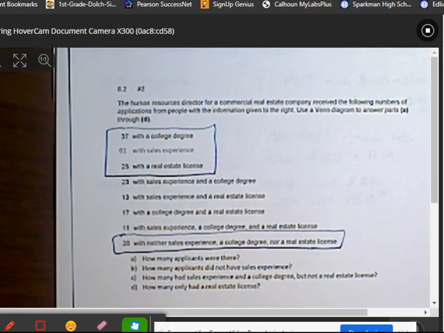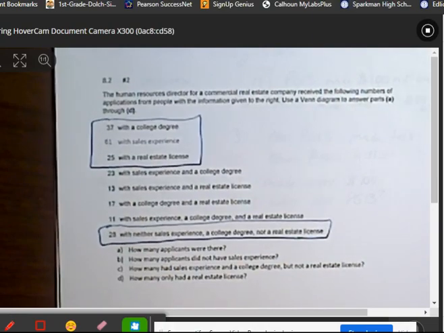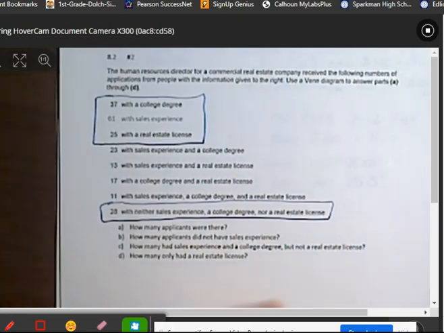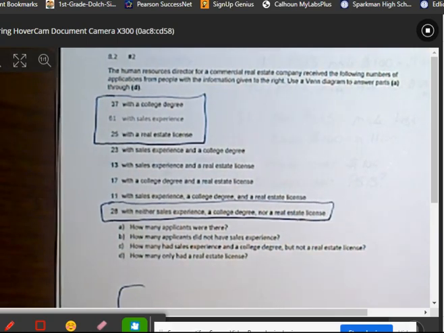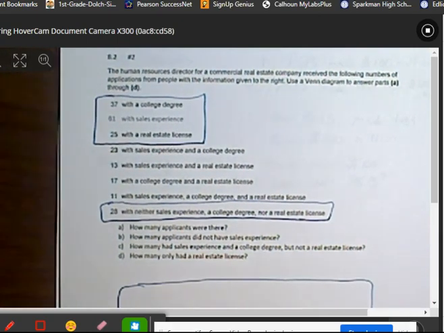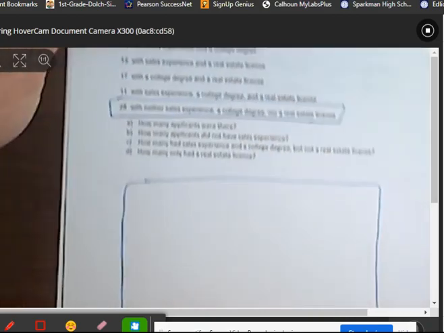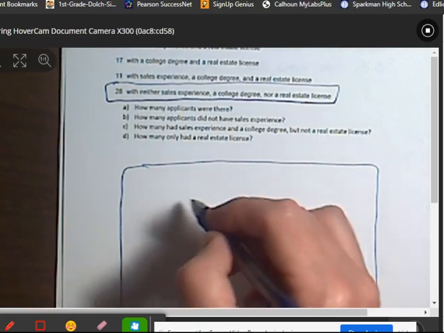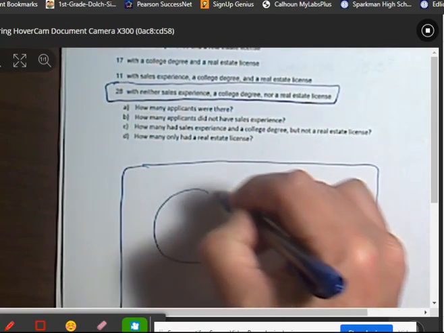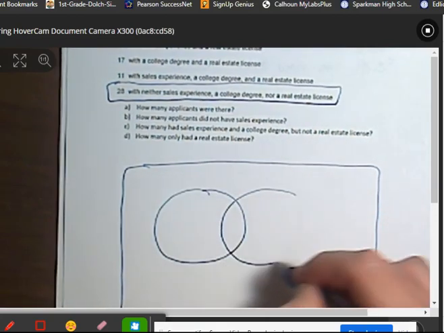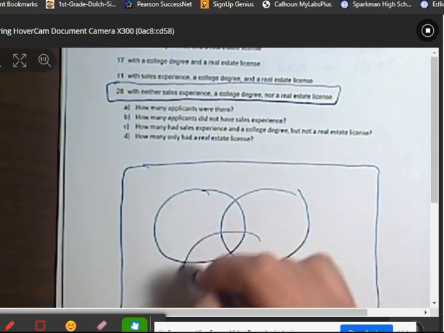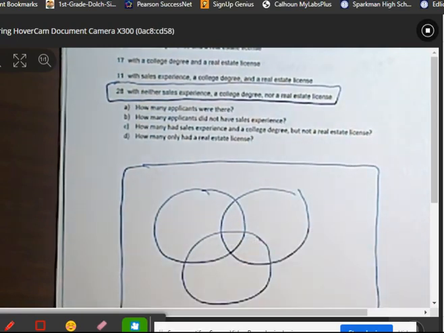Okay, so here's where we're going to go back and kind of put all this together. Here's where you would have to do your Venn diagram on these. Okay, so there's our big box of people that we have. This is all the applicants that's in the group. And you've got three main categories that you have here.